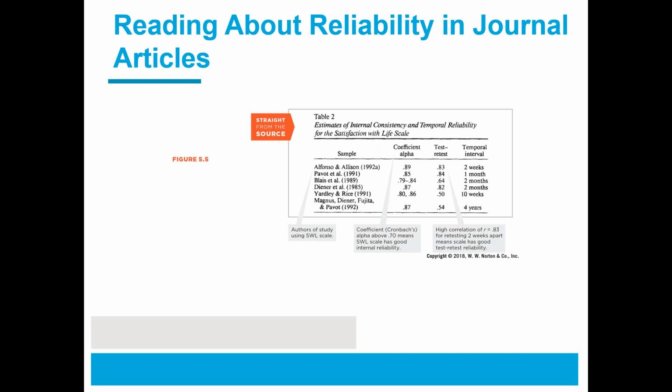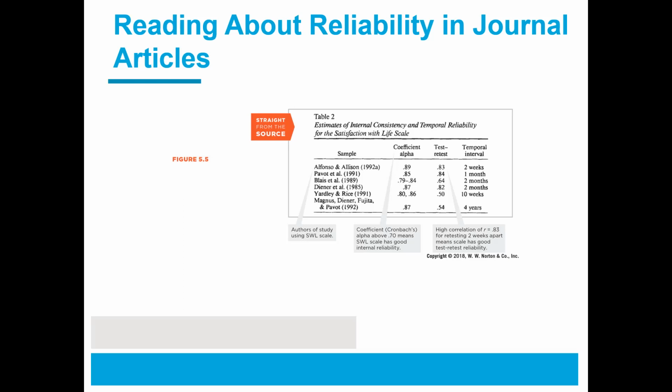Sometimes review articles will present the values of the measured reliability coefficients, either as an R value or an alpha value, and we can see an example of this here. You should now be able to understand a little bit what these numbers mean in the table. Notice that each line is detailing the reliabilities of a subjective well-being measurement that was used in each of them. Look at coefficient alpha for internal reliability.